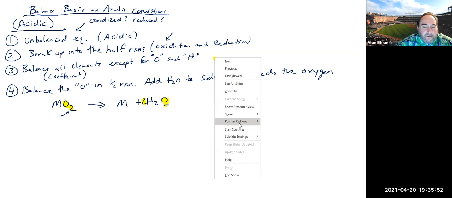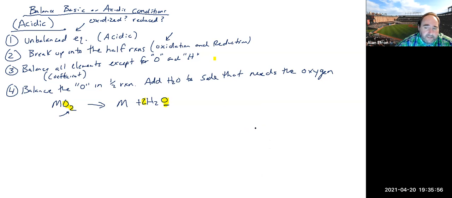You may also notice that if we add water, we're not just adding oxygen to that side, but we're also adding hydrogen. So for every water that you add to one side of the half reaction, you need to add two H pluses to the other side.